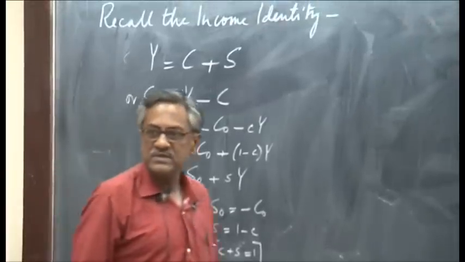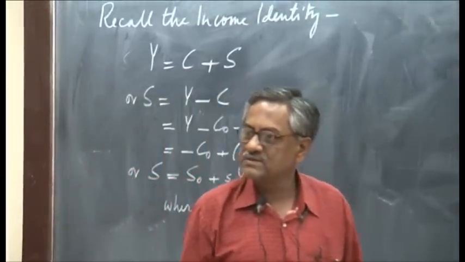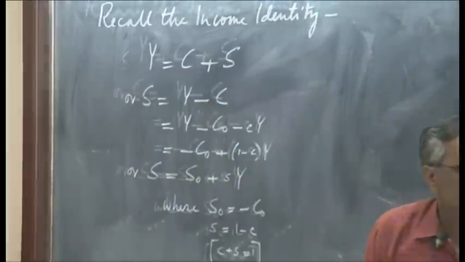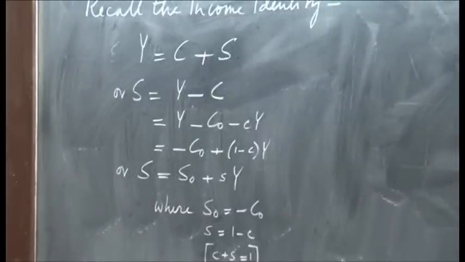It's very simple, this algebra. It makes sense. So what you have in the savings function, you have also a linear savings function, because you had a linear consumption function. So you have a linear savings function, and in the linear savings function there is a constant part which is a negative term. It is minus C naught. It's very important.